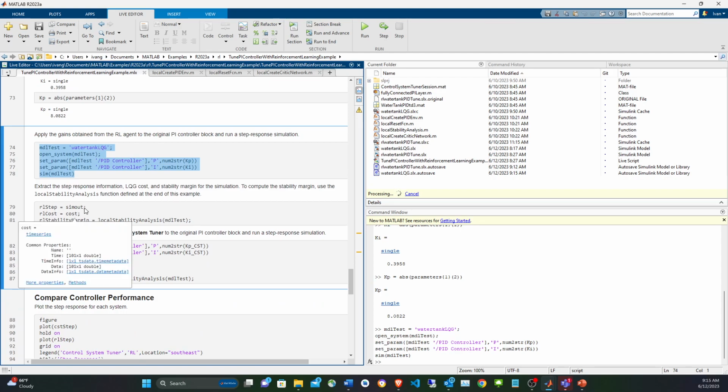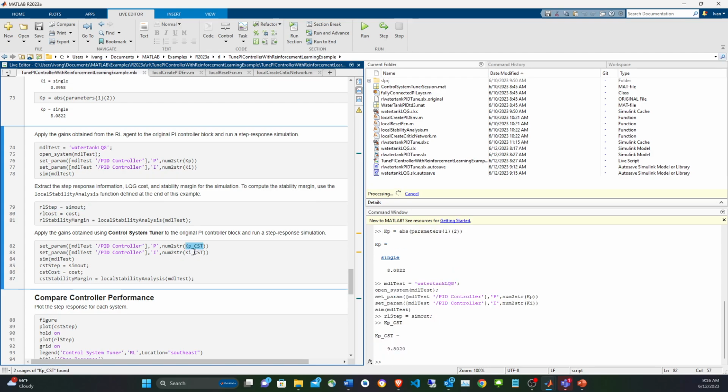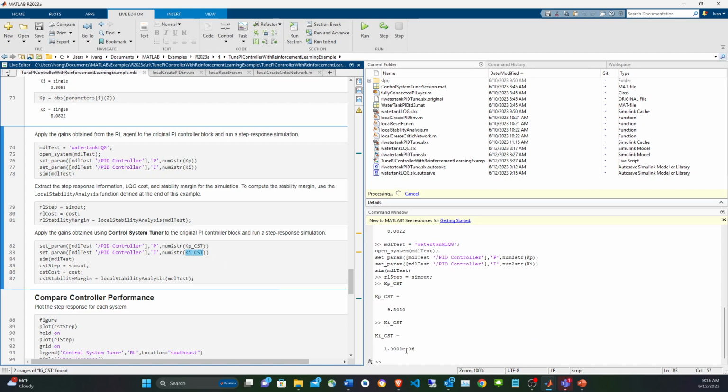First, I'm not going to use this function. I'm just going to use the output of the water level, which is this RL step. I'm going to put the output, the actual water level, into the RL step variable. And then, if you remember, we saved the classical optimization parameters, which were 9.8 and 1 to the negative 6.